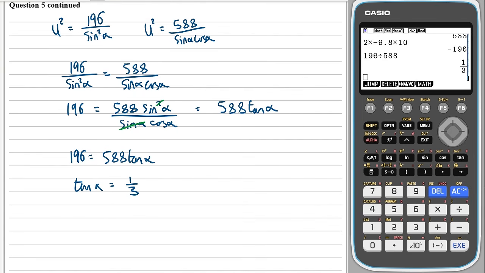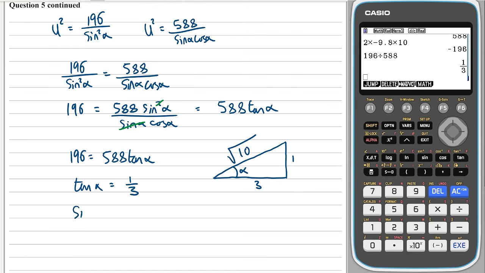Great. Now whenever I have a value for tan or for sine or for cos, I need to convert it into a different trig function. I'll just do a little triangle like this. So tan is 1/3, so it's the opposite over the adjacent, which means by Pythagoras 3 squared plus 1 squared is 10, so the hypotenuse is root 10.